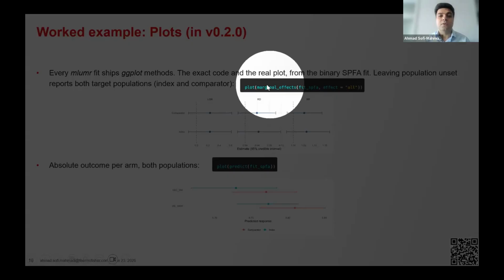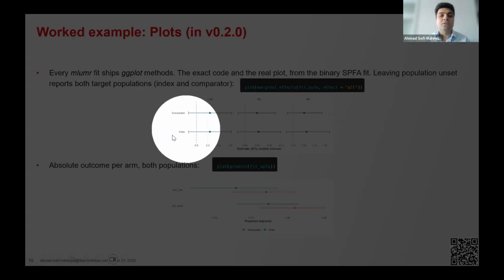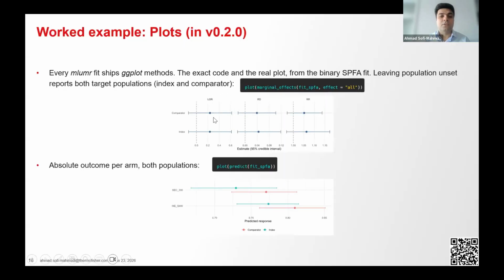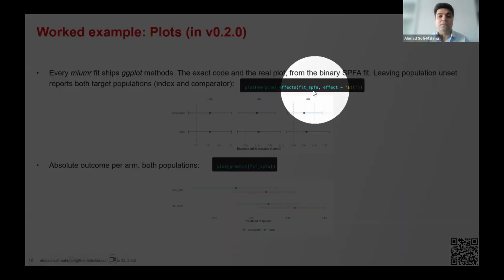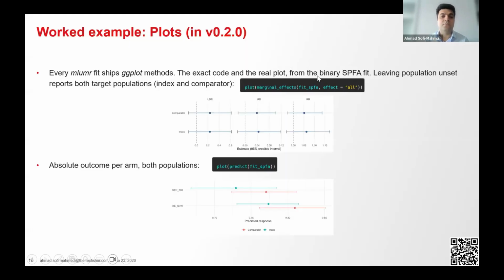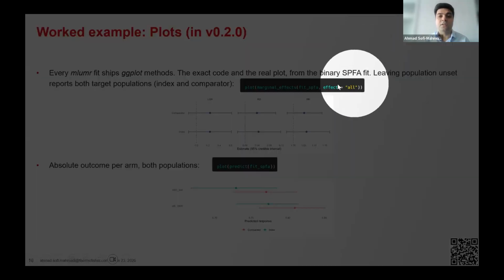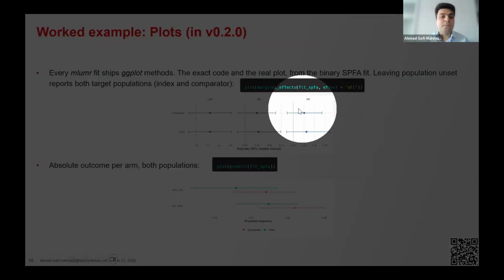If, for example, you use plot over marginal effects, you can see all these forest plots in both comparator and index trials, because we have set the default to both populations, but you can also see the forest plots in just one population or just one effect, and as you can see, the effect is all in here.